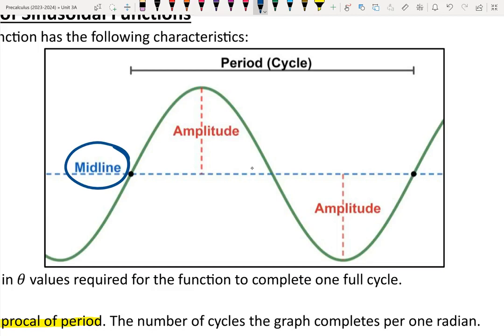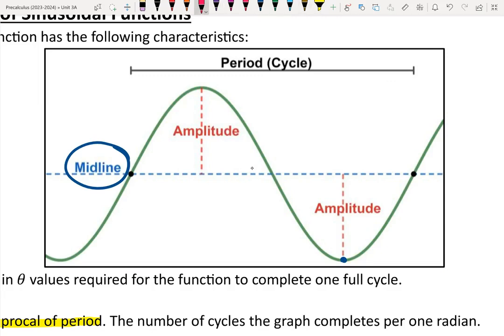Every sinusoidal function is going to have a middle of the graph where the maximum and minimum points are the same distance apart from the midline. And so that amplitude is the same distance from the midline to the maximum and the midline to the minimum.